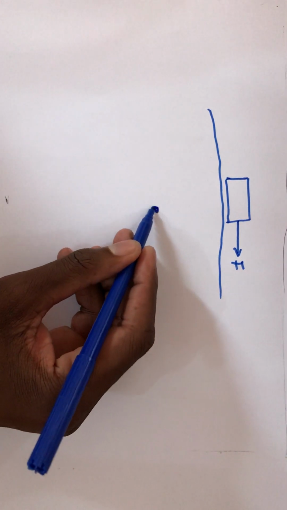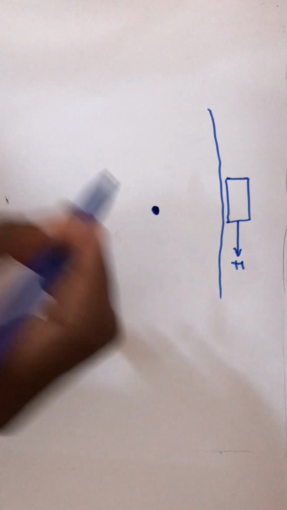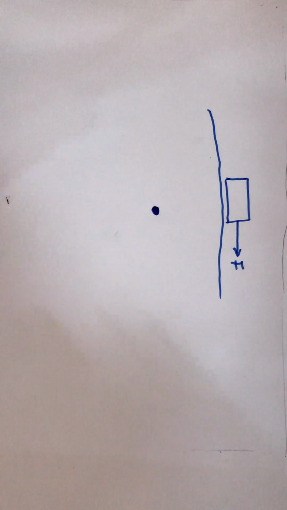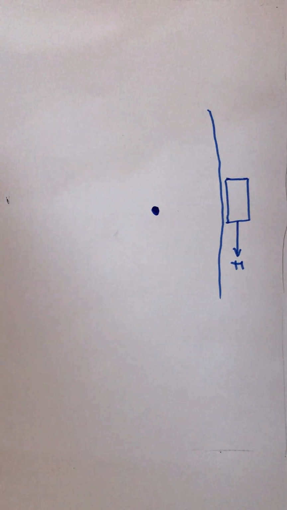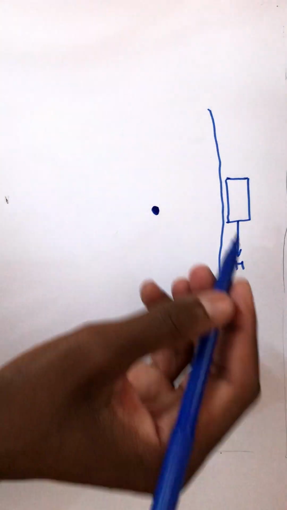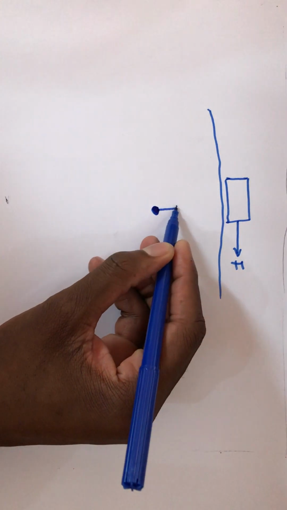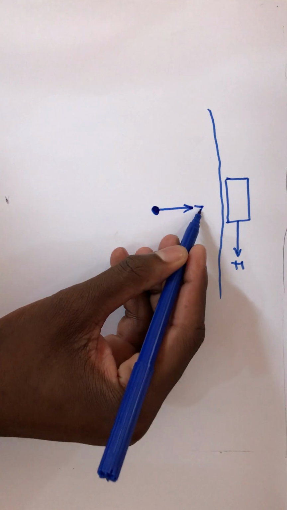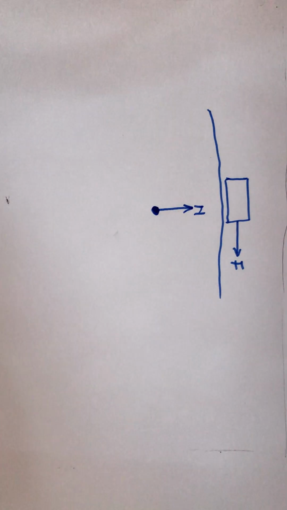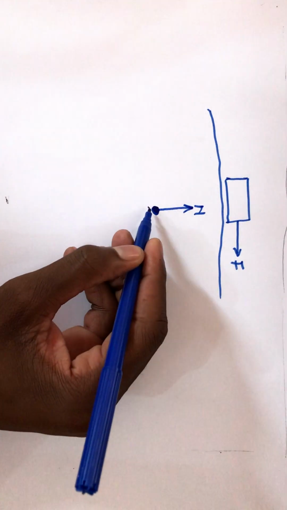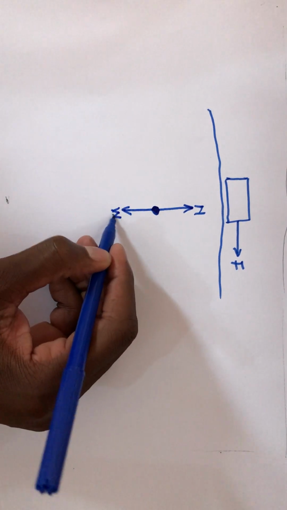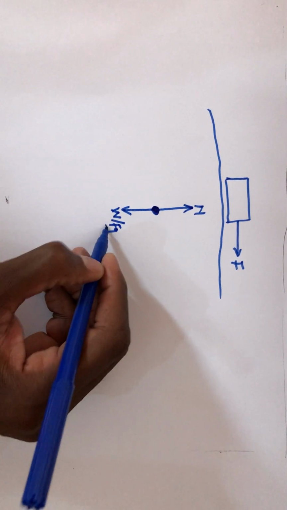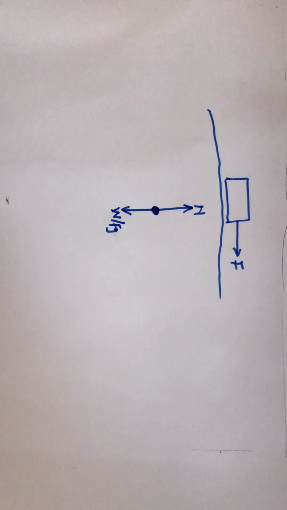So the free body diagram in this type of situation, since it's horizontal, and we remember that normal force is always perpendicular to the surface. So this normal force is always going up perpendicular to the surface, and there is weight, or Fg, going down.